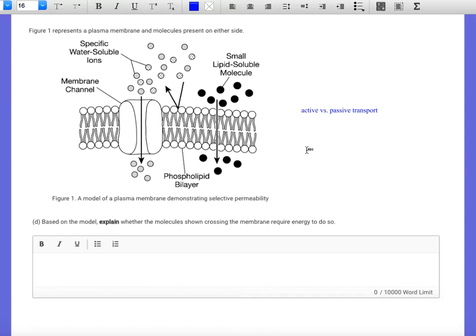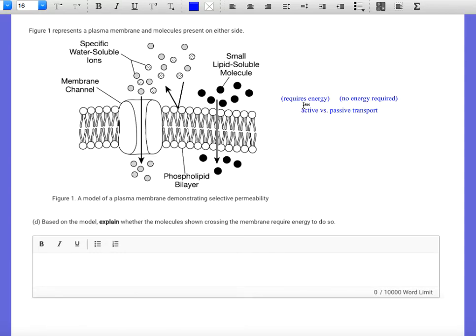Active requires energy, and as we talked about in the last video, it goes from an area of lower concentration to an area of higher concentration. Passive transport requires no energy.